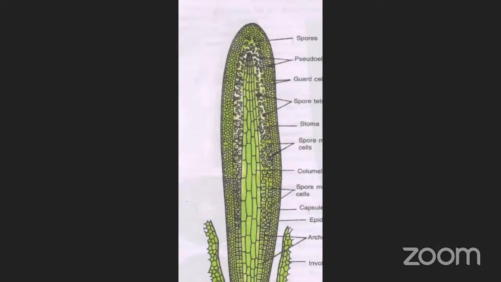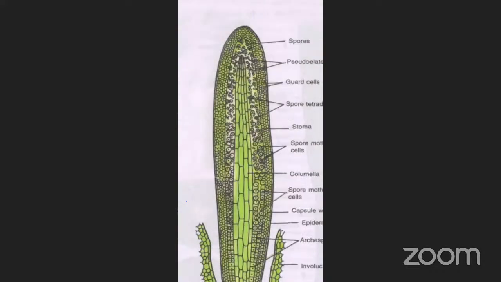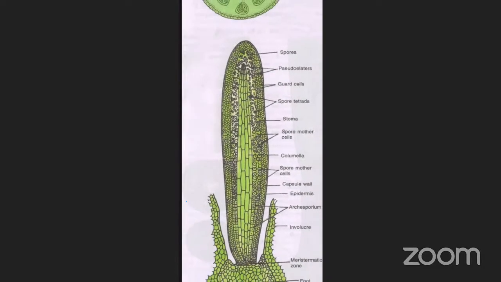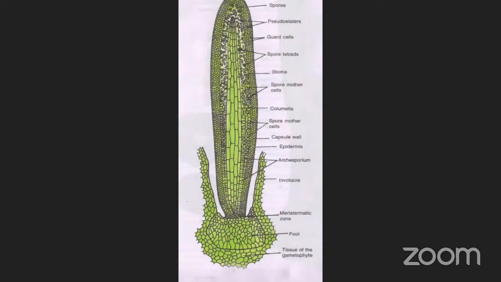The remaining are all sterile cells, meaning the seta, columella, parenchyma tissue, stomata and other areas. Here also there is progressive sterilization, an elaborated sterile tissue.